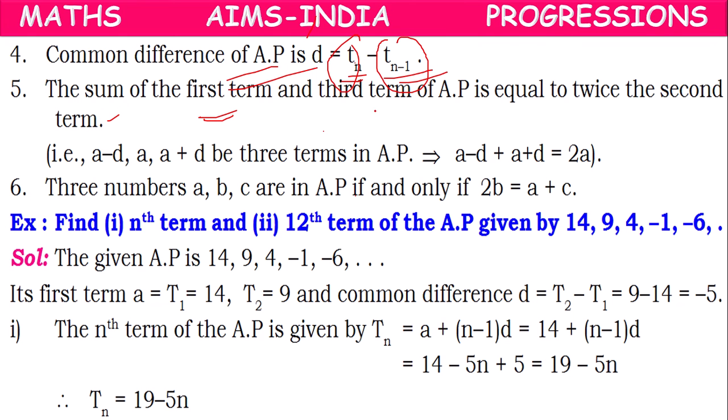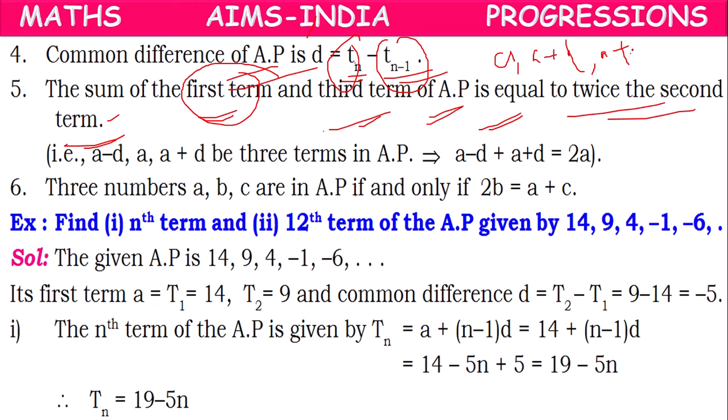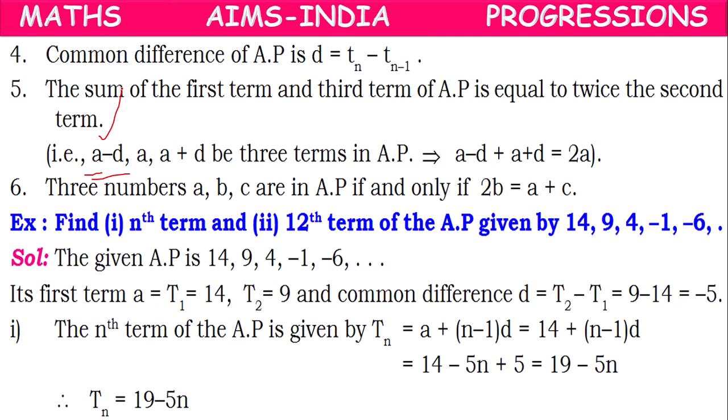The sum of the first term and third term of an AP is equal to twice the second term. Suppose the first term is a, second term a + d, and third term a + 2d. We can take it like this, or we can take it another way: the first term as a - d, the second term will become a, and the third term will become a + d.